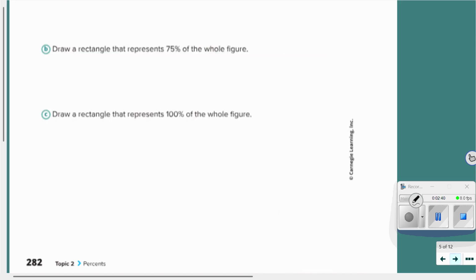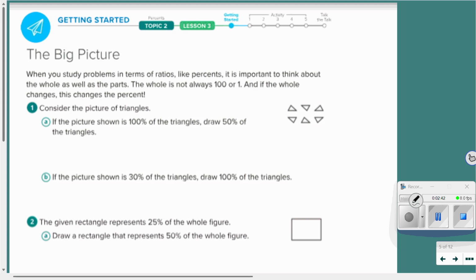All right, let's look at the big picture. So we have talked about benchmark percents, and we know that all percents are out of 100. But does that mean that if I have 100% of something, that the group that I have has to have 100 pieces in it? No. For example, 100% of a pizza is how many pieces?